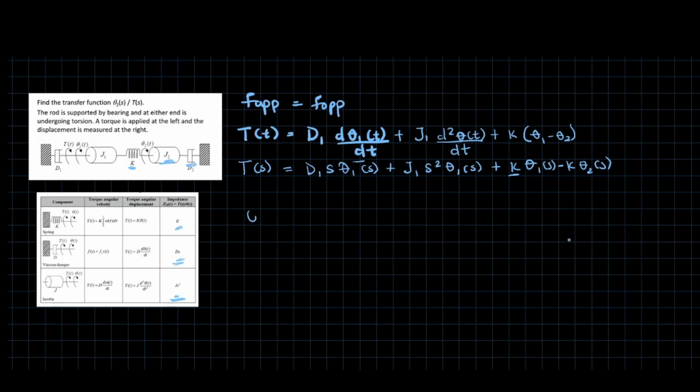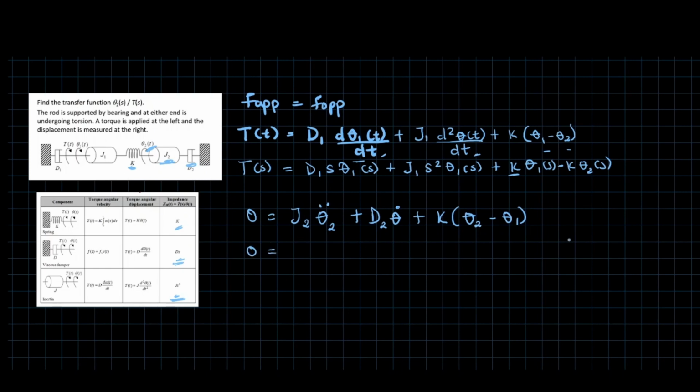So it's going to be 0, since there's no applied force, equals J2 theta double dot 2 plus D2 theta dot 2, that's velocity, plus K times theta 2 minus theta 1, since you're working in reference to theta 2 movement. So it's theta 2 minus theta 1, but earlier it was theta 1 minus theta 2. You get the point. Equals 0.